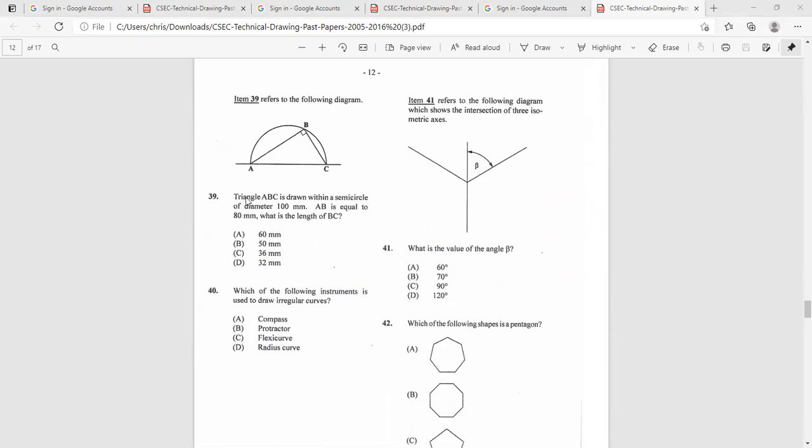Triangle ABC is drawn within a semicircle of diameter 100 millimeters. AB is equal to 80 millimeters. What is the length of BC? So here, 100, BC, and AB.